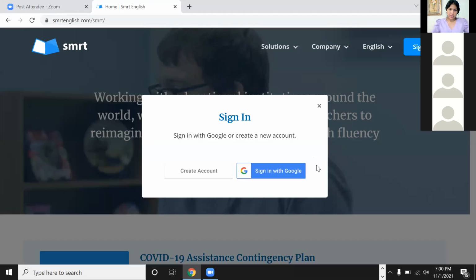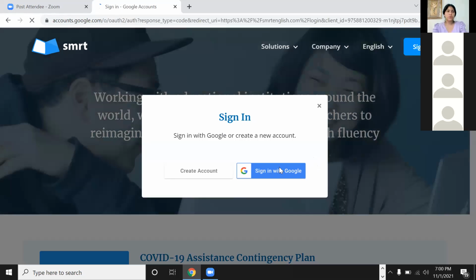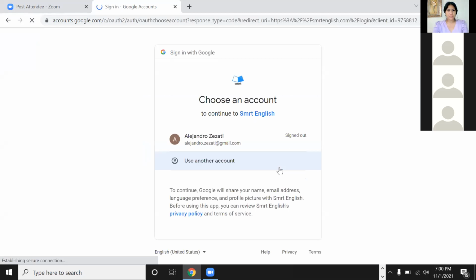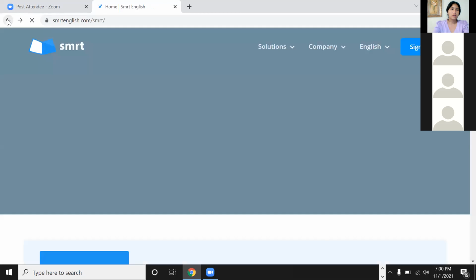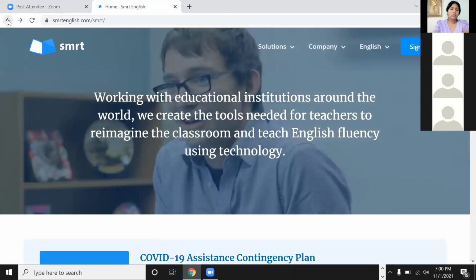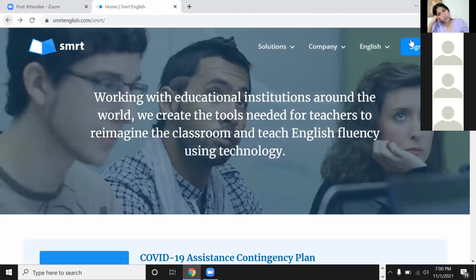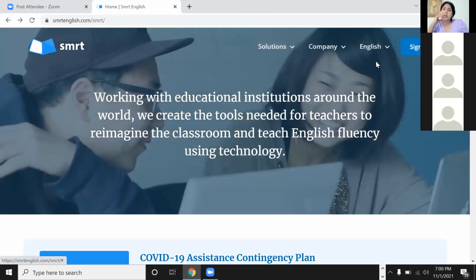And sign in with Google, I guess, probably. Is this the email you gave to Gabriela? No. This one, Alejandro. I gave her another. So then here where it says use another account, go back to sign in, and where it says use another account, write in the other account that you gave to her.